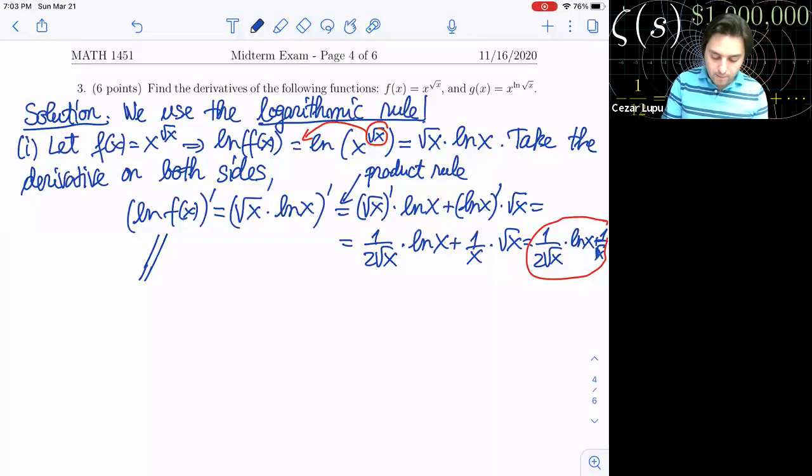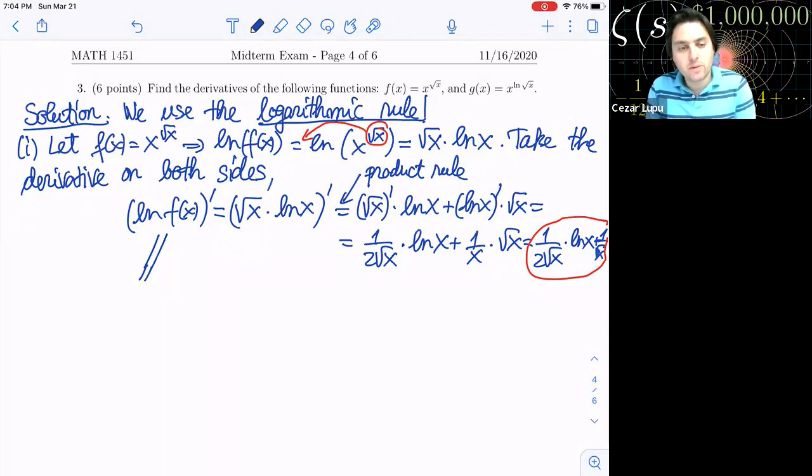So the derivative of ln of f of x, prime, is 1 over f of x times f prime of x.